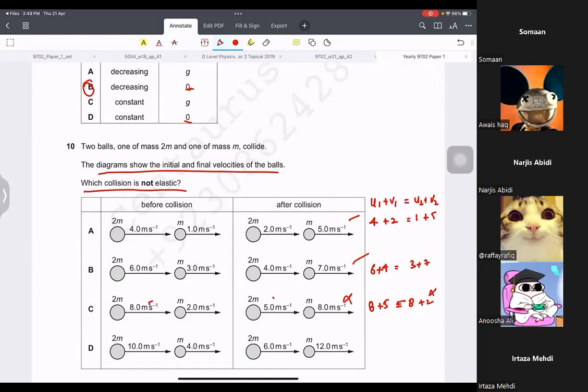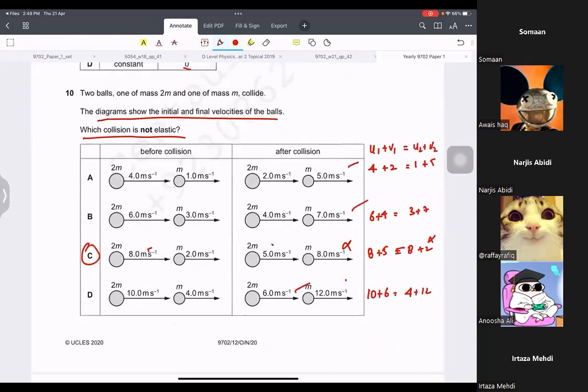This is not elastic, but let's check the last one in case there are two possible answers. Always check all the answers, please. 10 plus 6 is 16, 4 plus 12 is 16, so that's elastic. So the earlier one should be our answer, because it is not elastic. That's pretty simple. Masses don't matter, by the way.